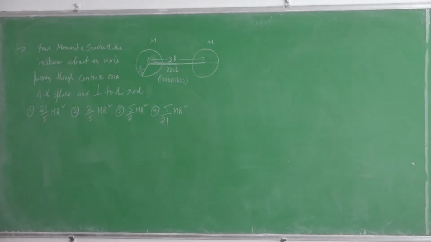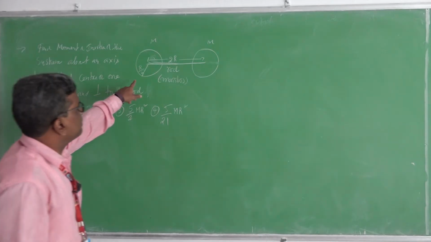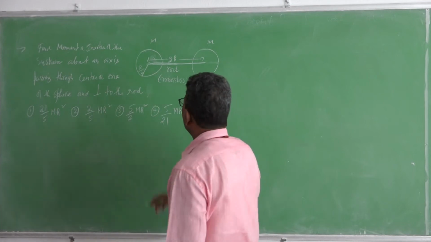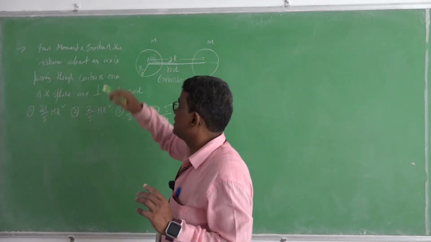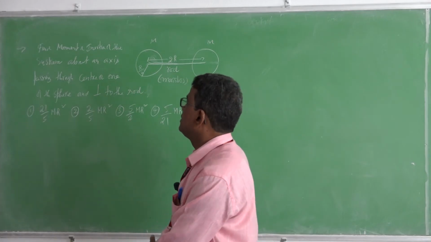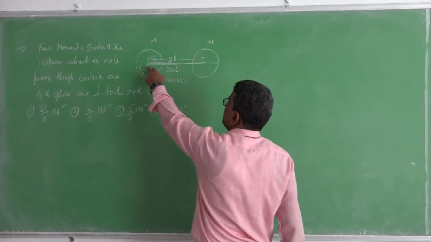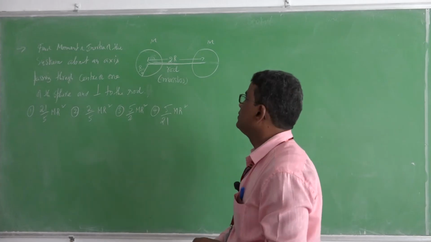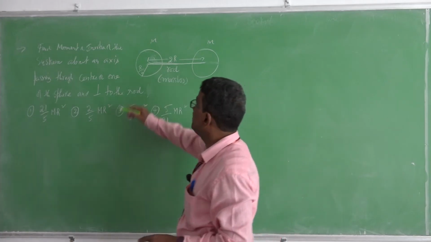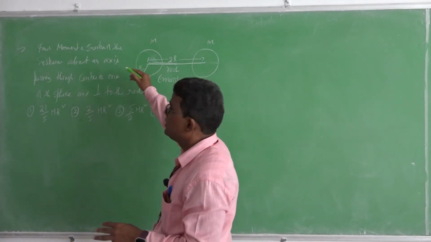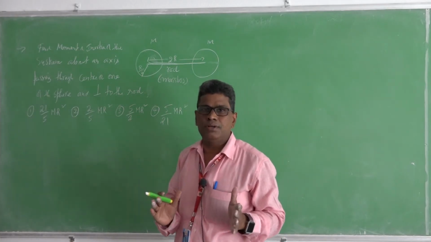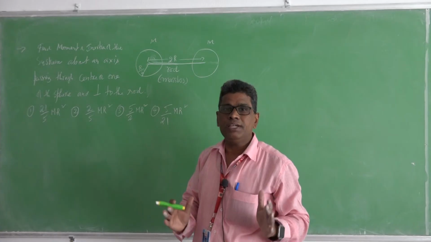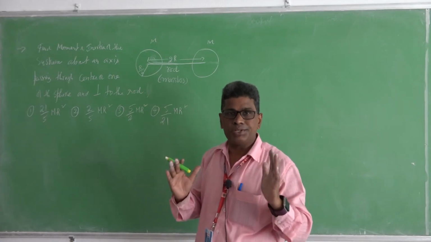Here m is the mass of each sphere, r by 2 is the radius of each sphere, and 2r is the distance between the two spheres. We want the moment of inertia of this system. First, when you determine a moment of inertia, you identify the axis of rotation.